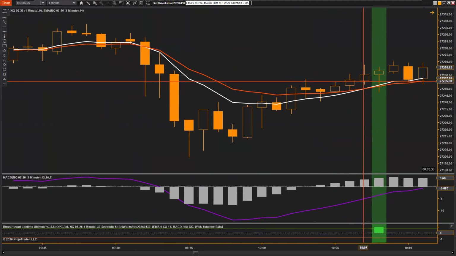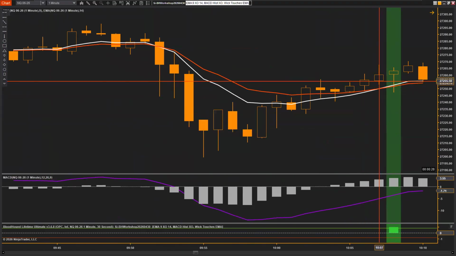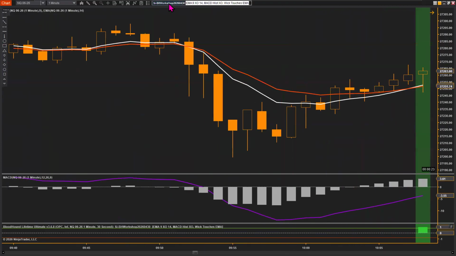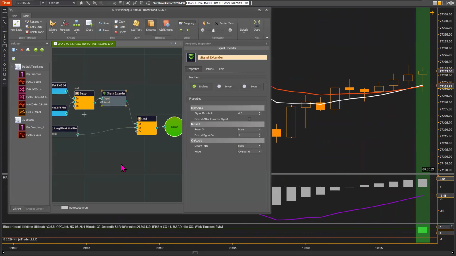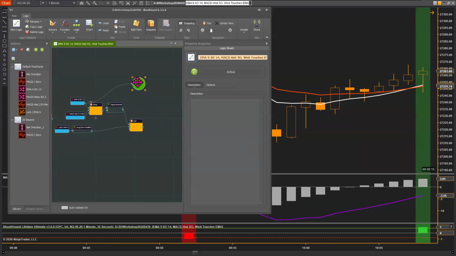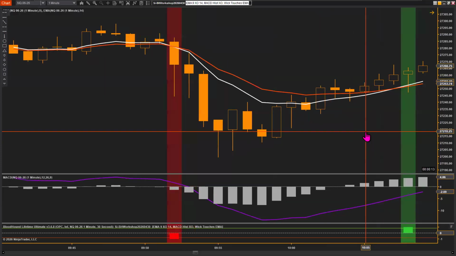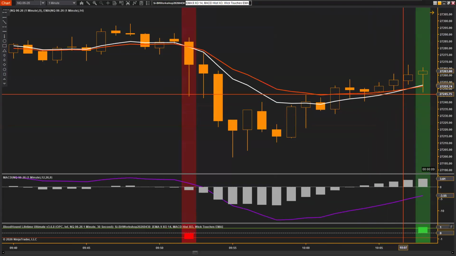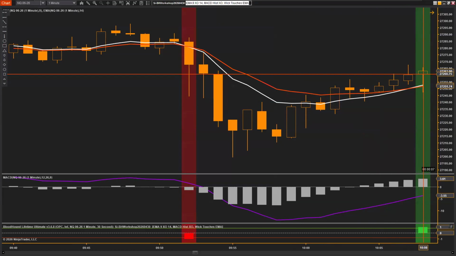So yeah, it's hard to tell if the crossover occurred on this bar. It may have. Let's see here. No, all right, the crossover did happen on this bar, but the bar opened there, so that probably did pull the EMAs up.